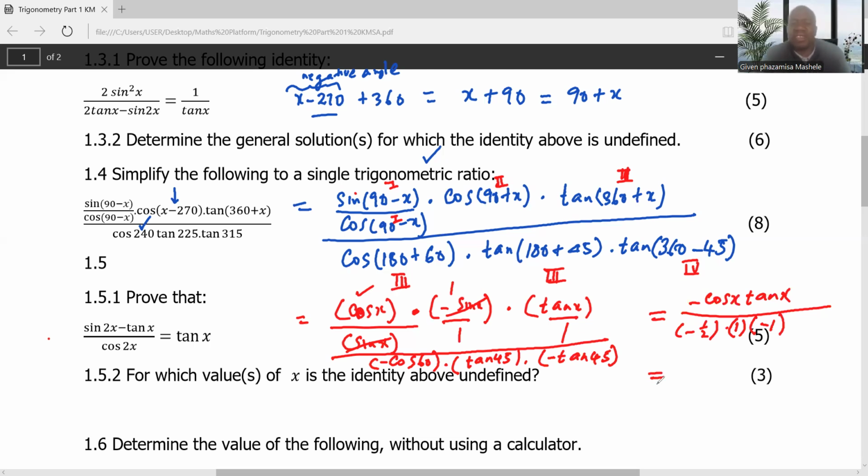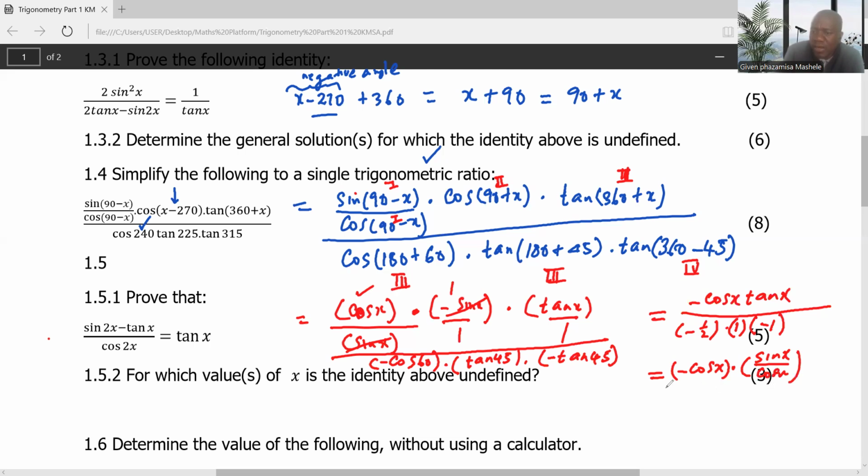They said we must write this into a single trigonometric ratio. So at the numerator, what do we have? We have negative cos x. We multiply by tan. What is tan? Tan is sine over cos.